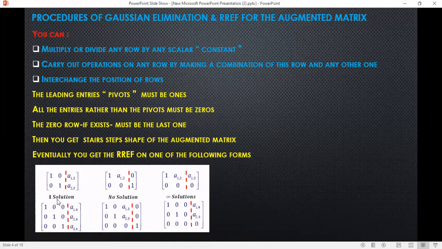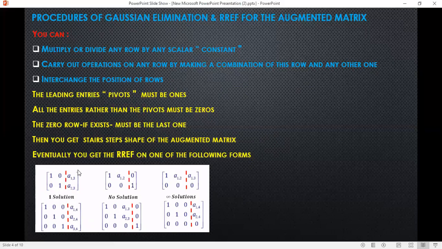Okay, then here we have one solution in this case, and no solution in this case, the upper and the lower case, and an infinite number of solutions in this case. When you reduce or transform or convert the augmented matrix into one of these formats, if it is a system of two linear equations in two variables, then you will deal with this one.